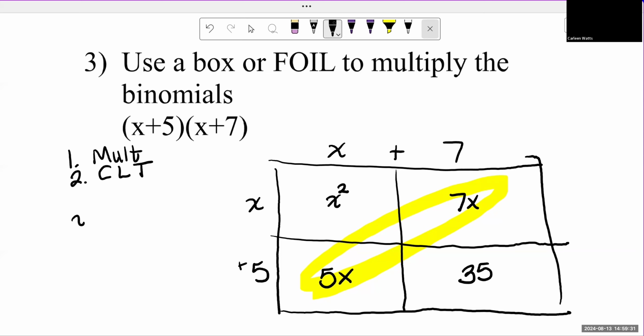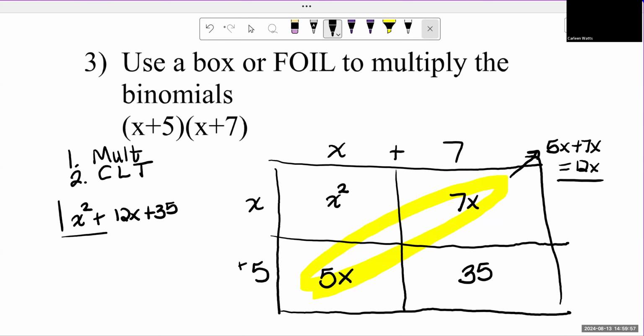So the answer is x squared, 5x and 7x. 5x plus 7x is equal to 12x. Notice when I multiplied, my exponent changed. But when I added, my exponent did not change. So that's x squared plus 12x plus 35. So little review. You haven't seen that probably since your Algebra 1 class. So hopefully you remember how to do that.